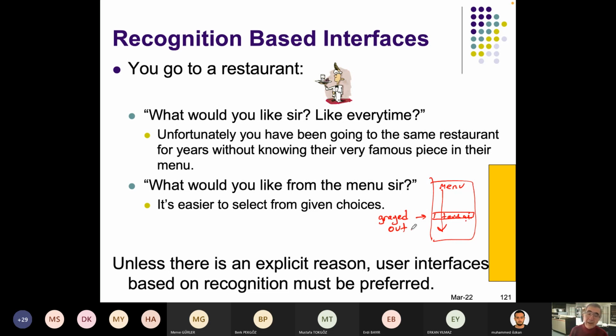Rather than having the user select that menu and giving a message that that menu item is not available at that time, so please choose another one. That is an incorrect response. If the item is not available, then prevent it from being selected from the beginning.